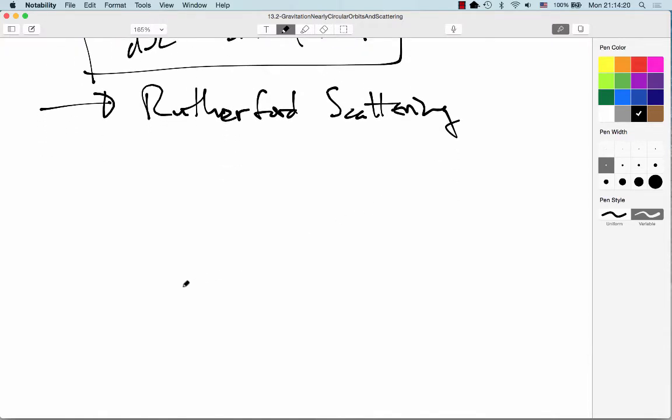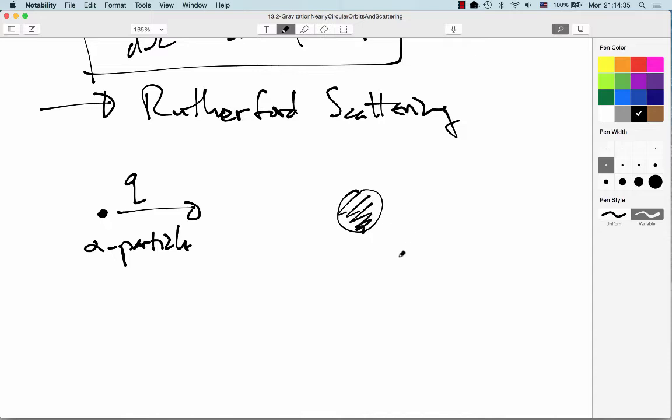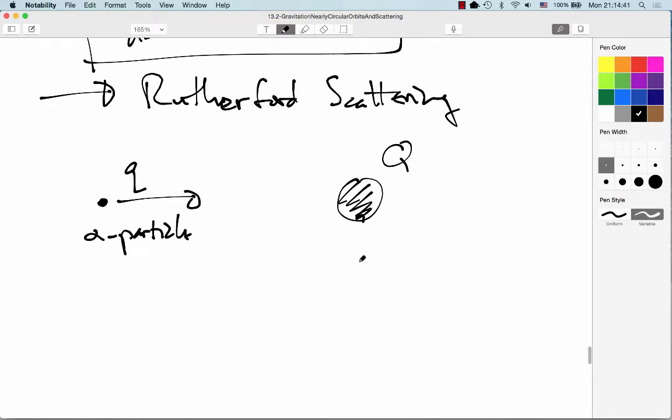So in Rutherford's experiment, he had an alpha particle, that's just a helium nucleus, charge Q, impinge on a gold nucleus, so much bigger than a helium nucleus, charge big Q. All right.